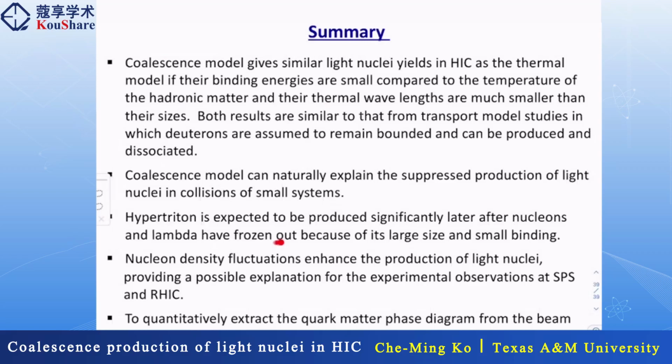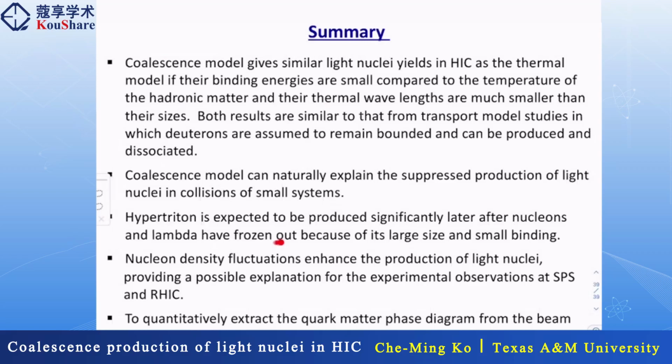Otherwise, even if produced at kinetic freeze-out, it would be dissociated right away by the pions. Pions are simply too large. Even if at kinetic freeze-out you coalesce and produce a hypertriton, a nearby pion would destroy it right away. So I think the hypertriton is really produced much later than kinetic freeze-out.